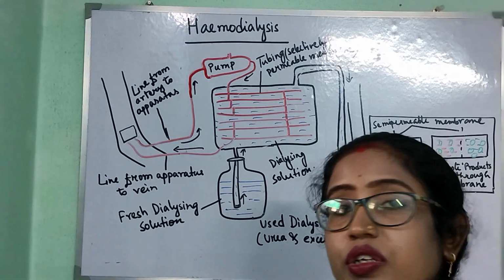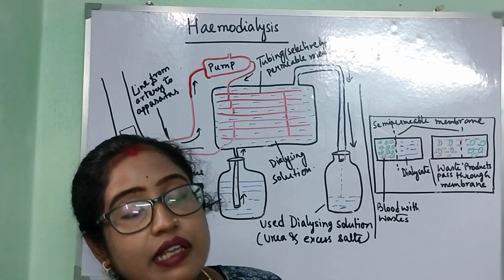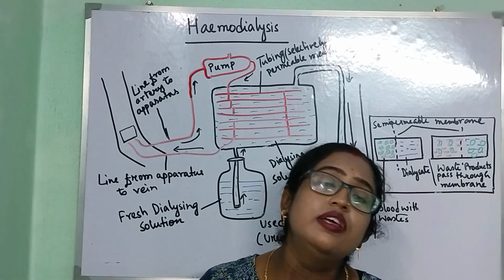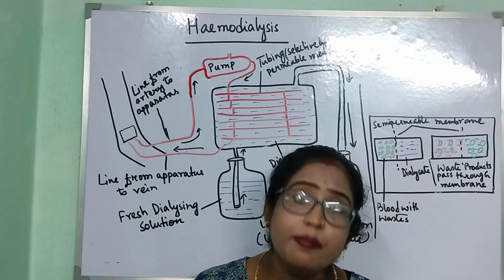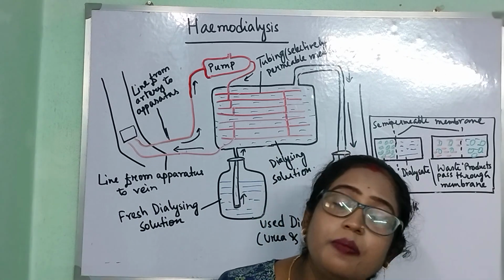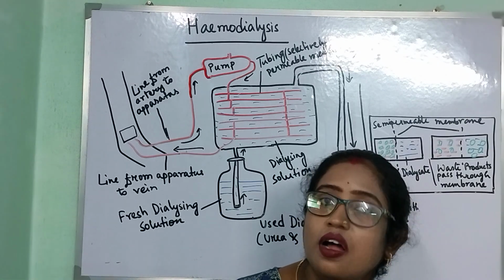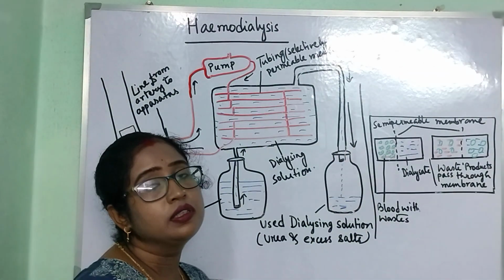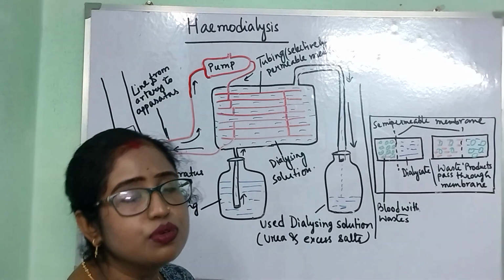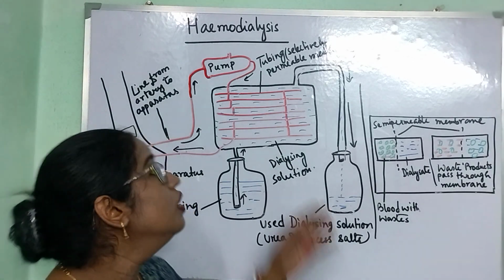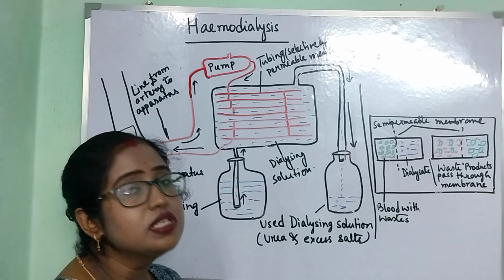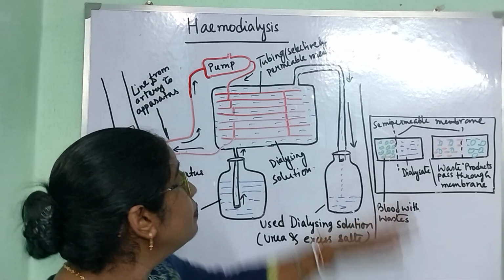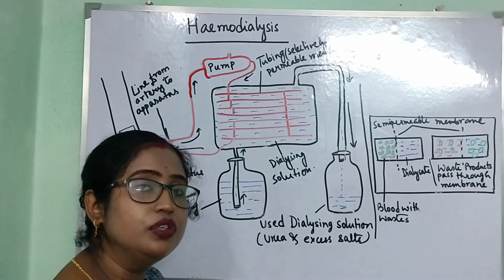The heavy molecules like the molecules of protein, and the blood corpuscles, can't pass through this membrane, but the waste materials like glucose, amino acid, urea, water can easily pass out through this selectively permeable membrane into the dialysing solution.